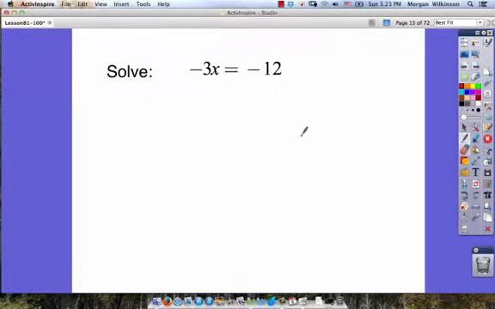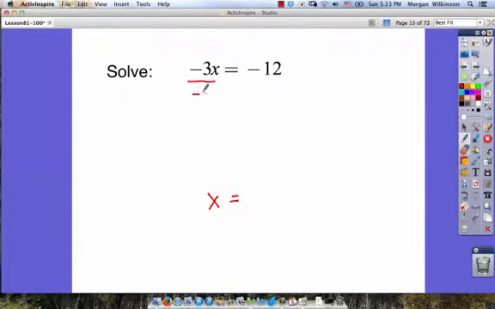Here we have negative 3x is equal to negative 12. Do you know what number you have to multiply by negative 3 to get to negative 12? If you do, that's our x value. If you don't, that's okay, because we want to get x by itself. So if we want to get x by itself, we have to undo the multiplication of negative 3.